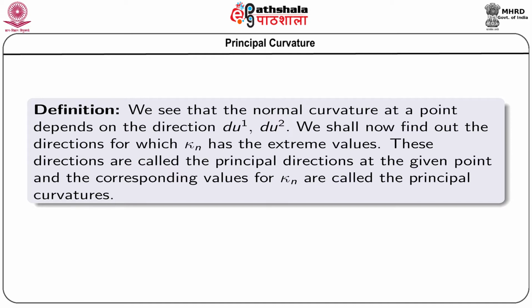That means kappa n, that is the normal curvature, depends on the direction of du 1 du 2.